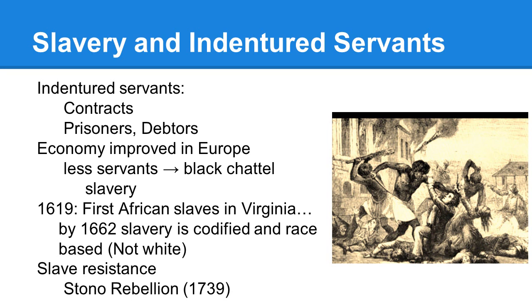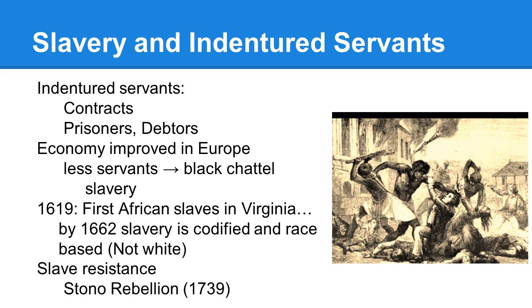But by 1662, now, that's not that long, but by 1662, slavery is codified, it's defined, and it's completely race based. And basically, it means that no whites are allowed to be slaves. So things are not really good for anybody not white already in America by 1662. Whether you were a native or an African, things were not good.